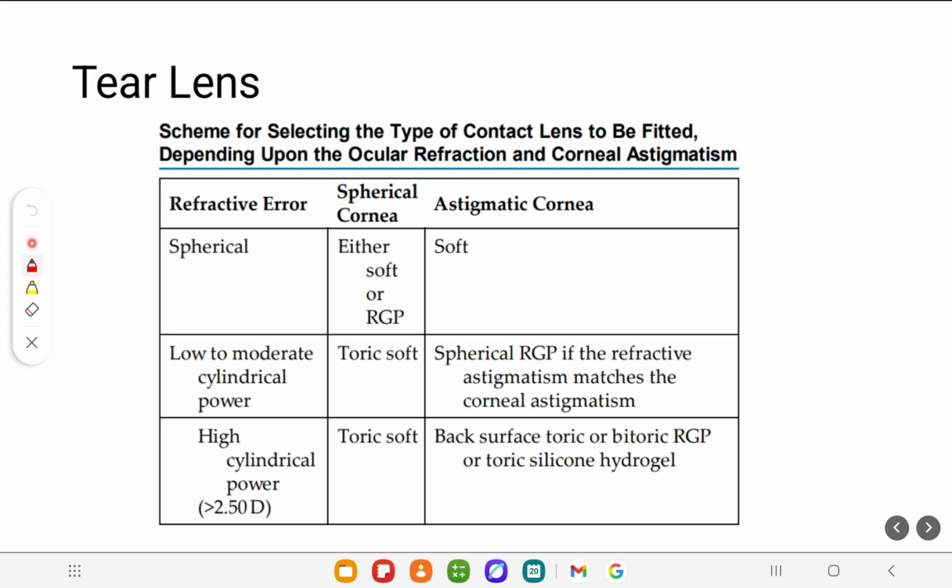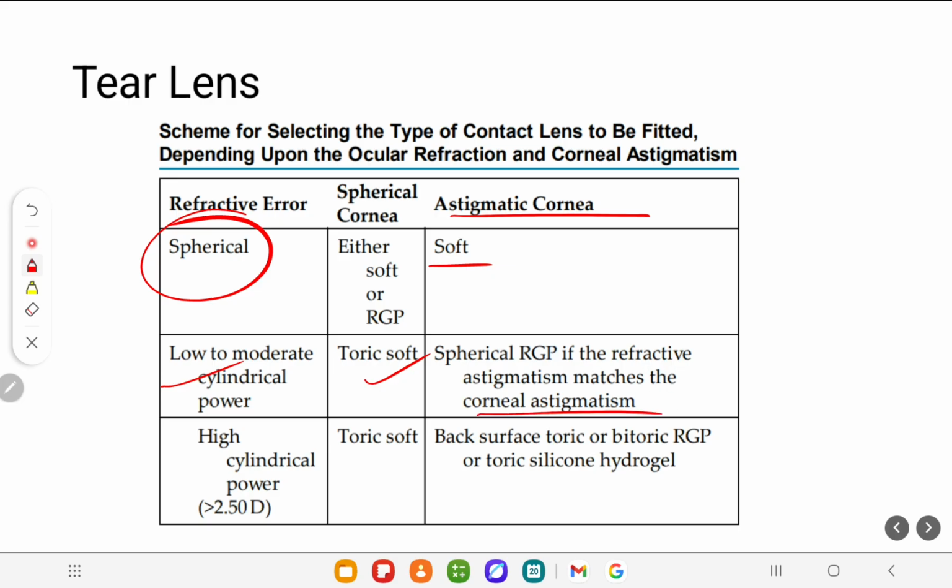So when that happens, if the refractive error is spherical, then for a spherical cornea, either soft or RGP. For an astigmatic cornea, use soft contact lens. If there is low to moderate cylinder power, then a toric soft contact lens can be used, or a spherical RGP if the refractive astigmatism matches the corneal astigmatism.